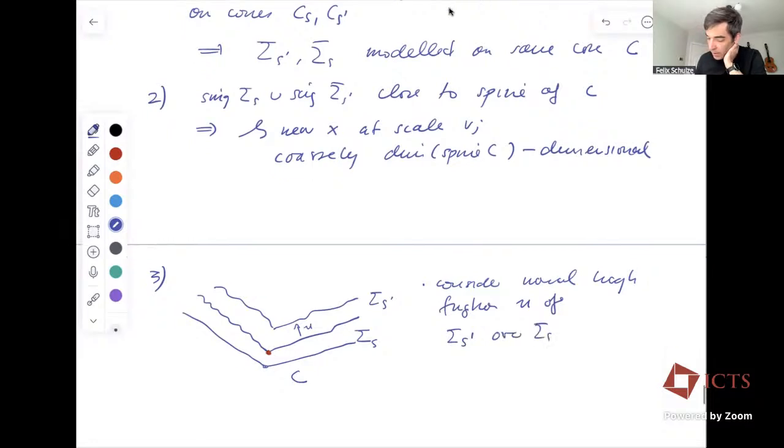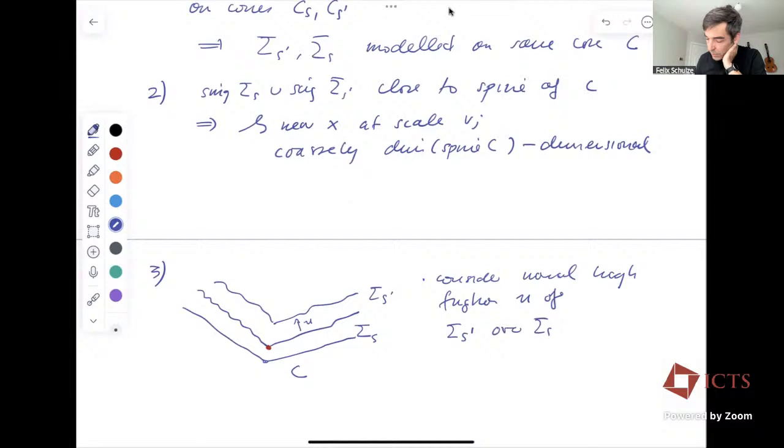Okay, now what do we know now here? Let's say if we now do a limit of these guys, then this height function will go to 0. They converge to the same cone. Now we know we have the minimal surface equation. And what is the linearization of the minimal surface equation? It is the Jacobi equation.